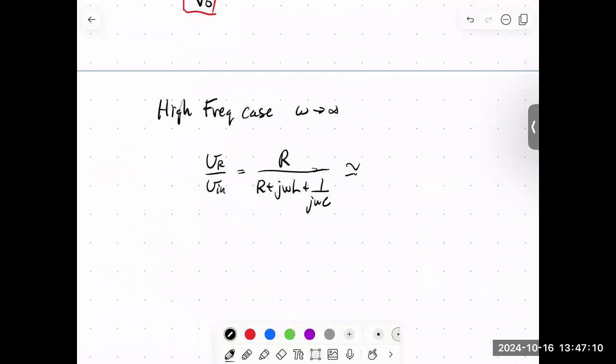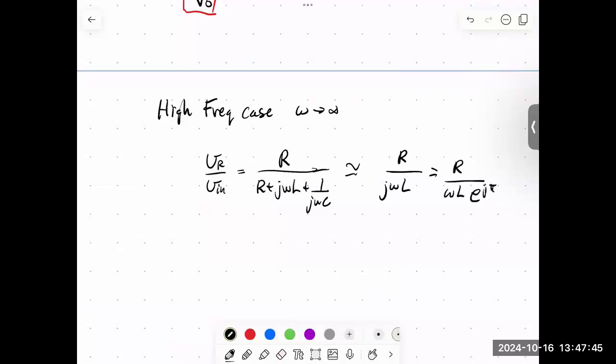Well, at high frequency, 1 over omega is small, we ignore that. We'll say frequency is large enough that we can ignore the R2. And so this is R over j omega L. Well, j, we saw that we could write that as e to the j pi by 2. Okay, so that's R over omega L e to the j pi by 2.